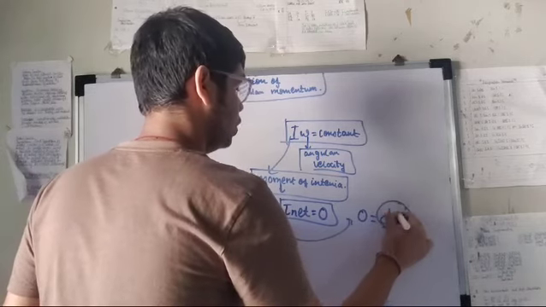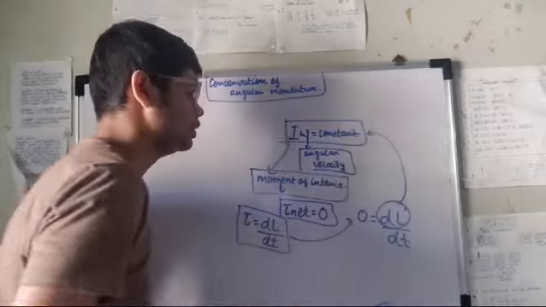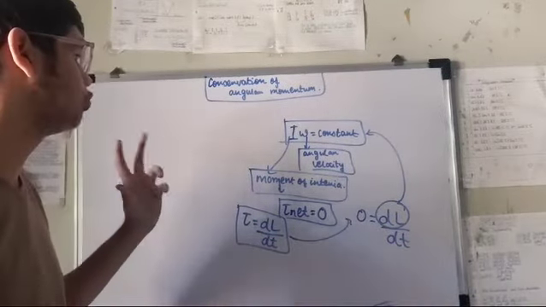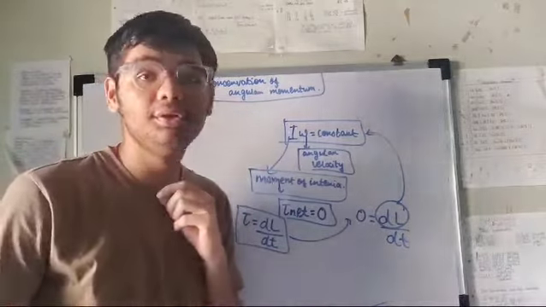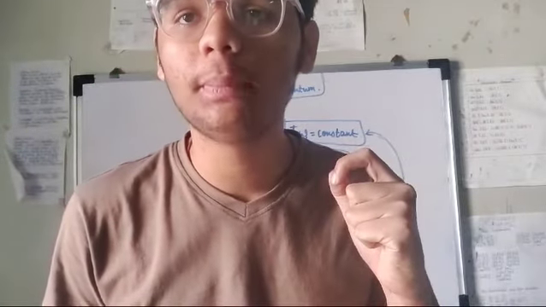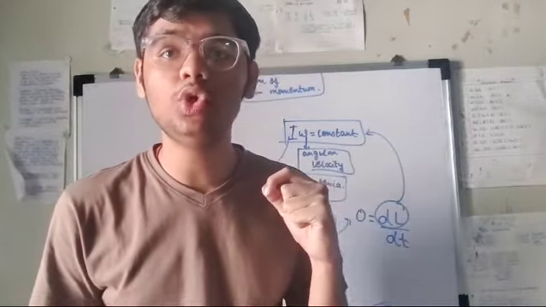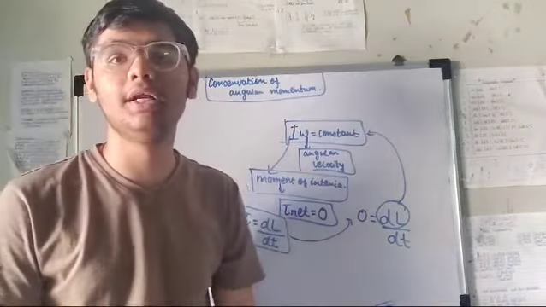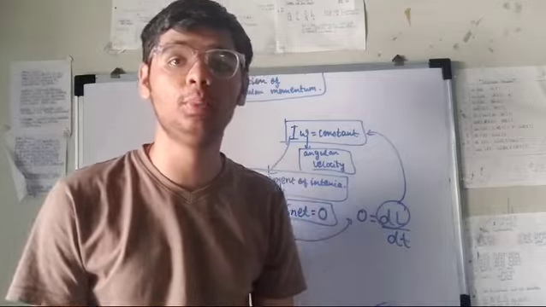So L will be a constant. This is all related to conservation of angular momentum. When the net torque acting on the body is 0, we can conclude that the angular momentum of the system is conserved. That is conservation of angular momentum.